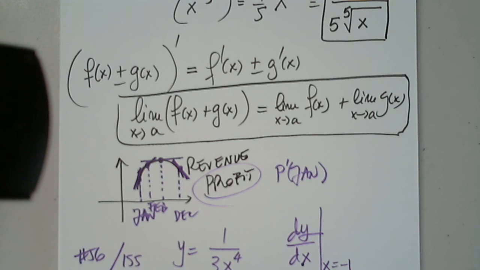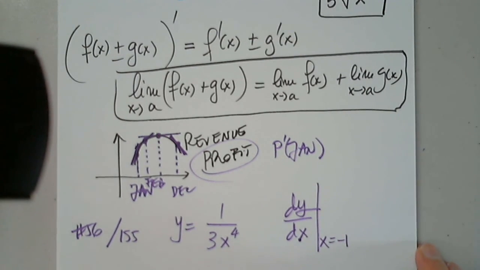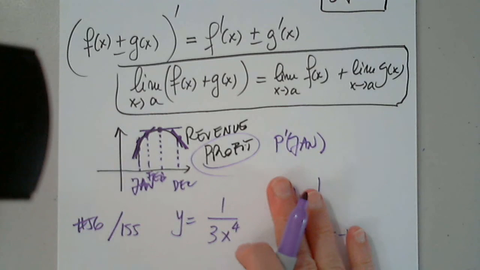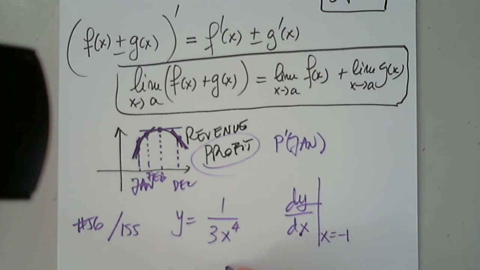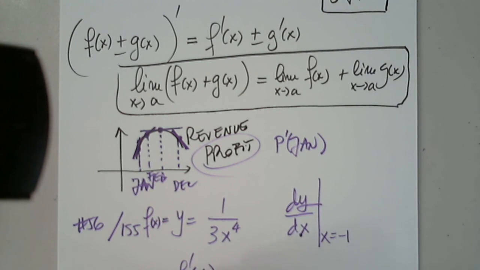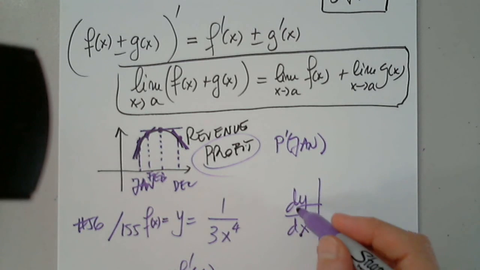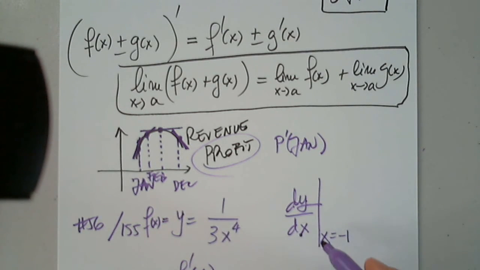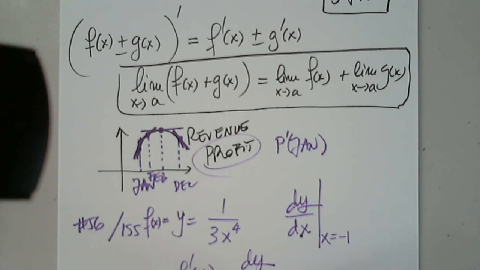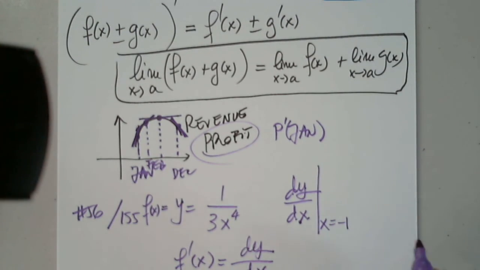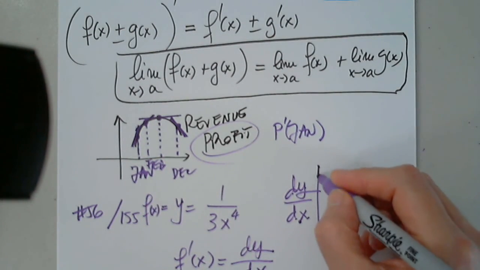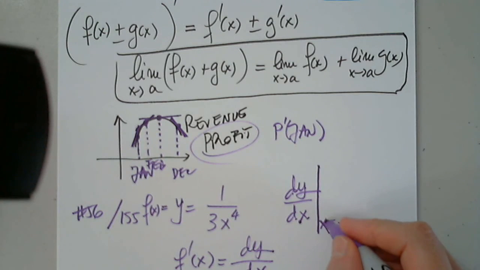So now let me explain this notation. This is a useful notation. It's a fancy way of saying y or f of x is the same thing. It's a fancy way of writing f prime of x: the derivative of y with respect to x, dy over dx. In that case, we use a vertical bar, and towards the bottom, write x equals -1.